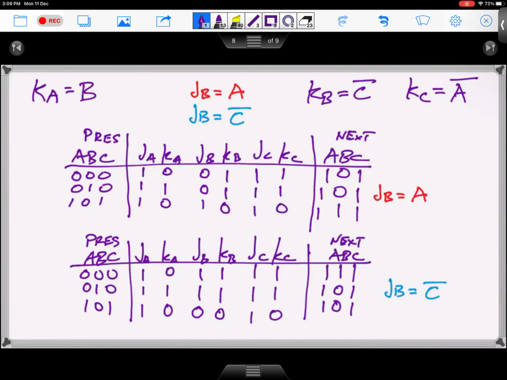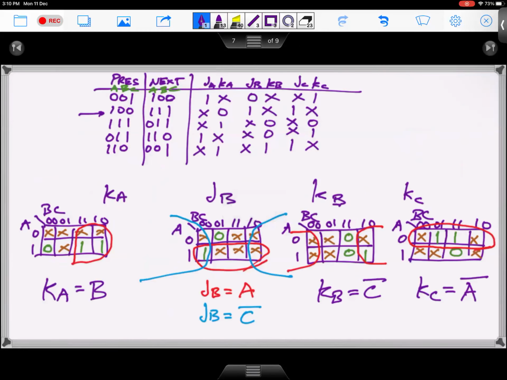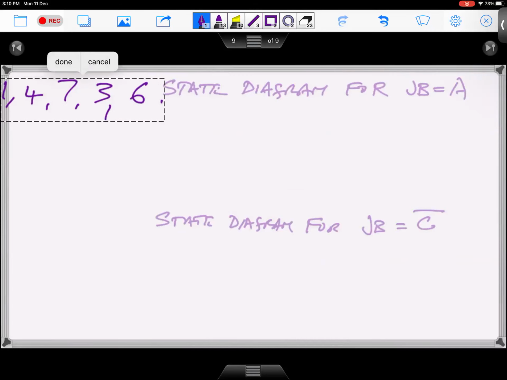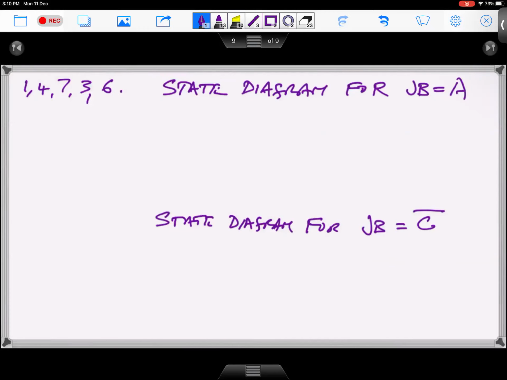All right. So it would help to go back and get our original sequence. Shrink it down real small and draw the diagram for it.